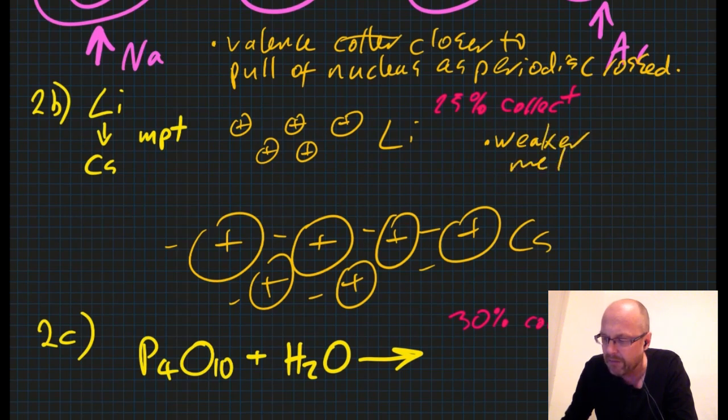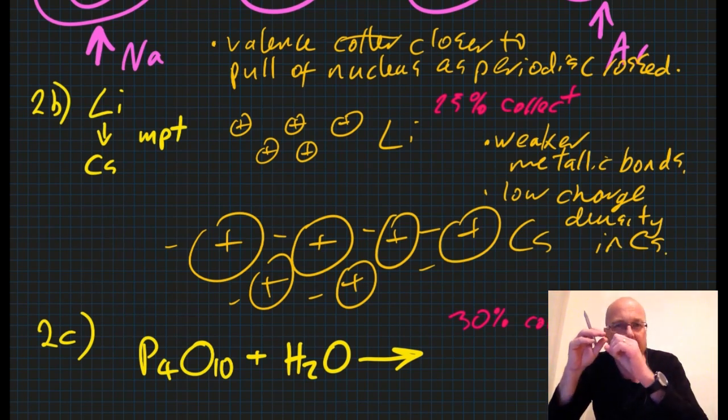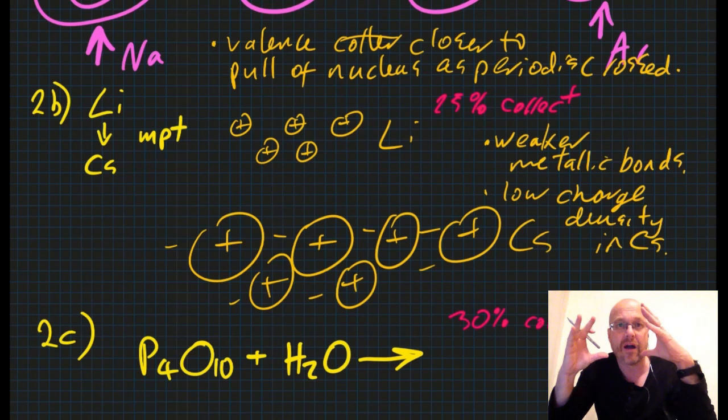Weaker metallic bonds. Now, why does cesium have weaker metallic bonds? Well, cesium ions have a lower charge density. So let's think about that. Lithium's a tiny ion with a +1 charge. Cesium's a big ion with a +1 charge. What's more attractive?